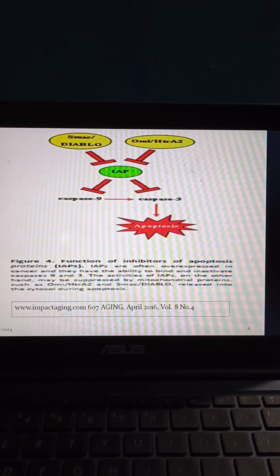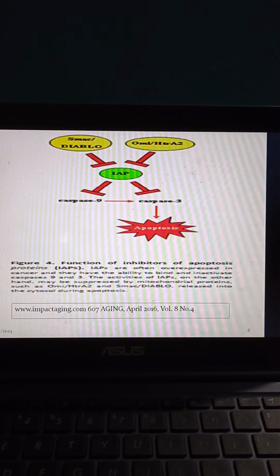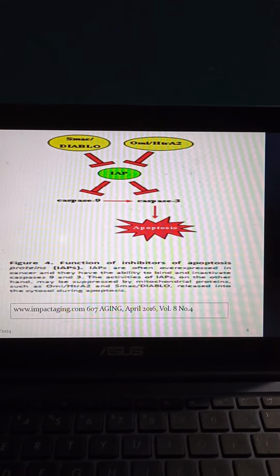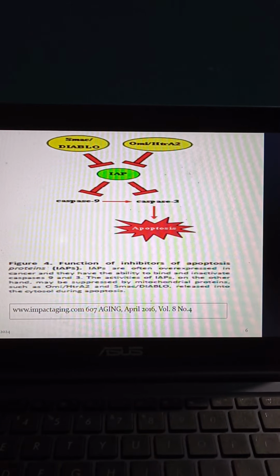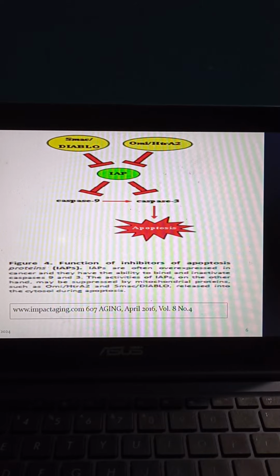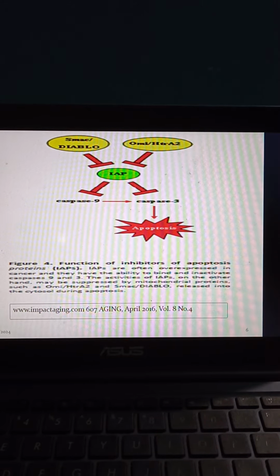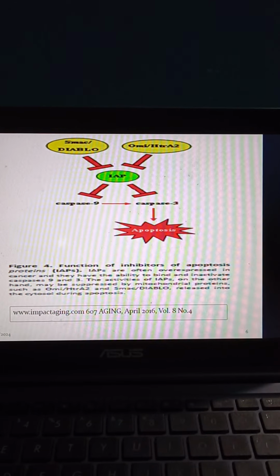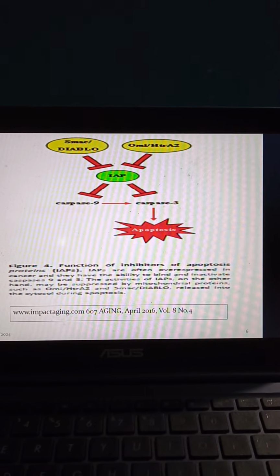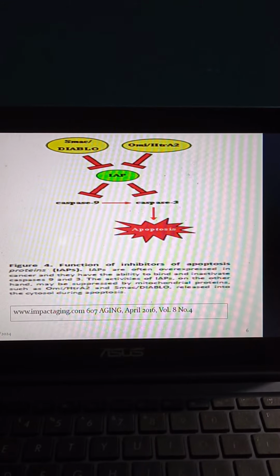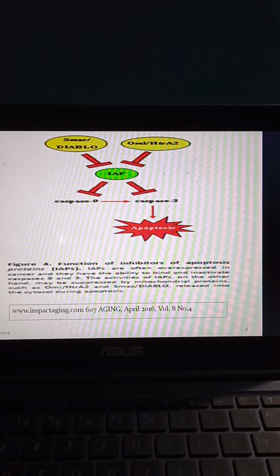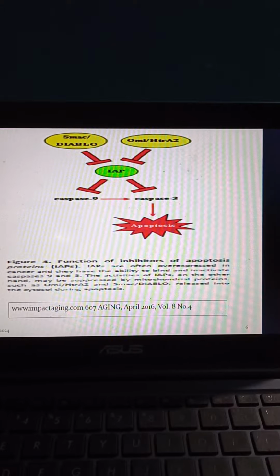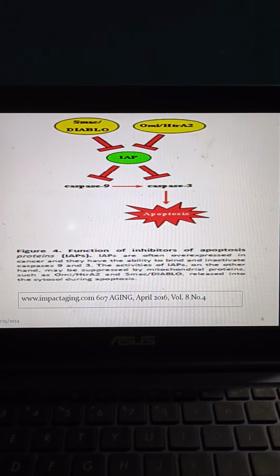So caspase 3 will cause apoptosis. IAPs inhibit caspase 3 and caspase 9, and caspase 9 activates caspase 3 and leads to apoptosis, but SMAC/DIABLO will inhibit IAP and Omi/HTRA2 will inhibit IAP. This is all about this diagram.